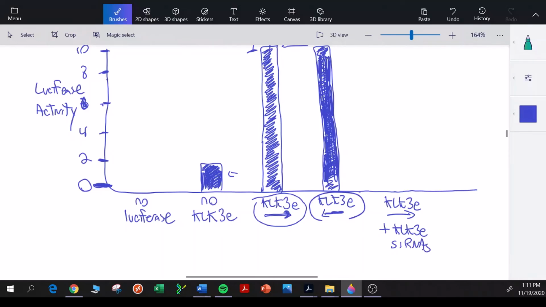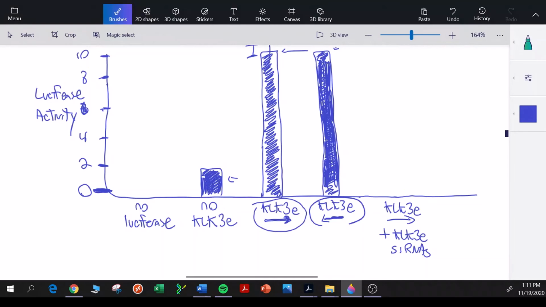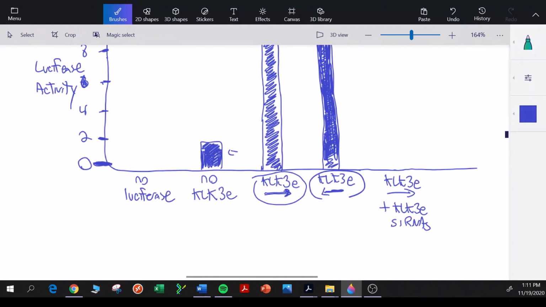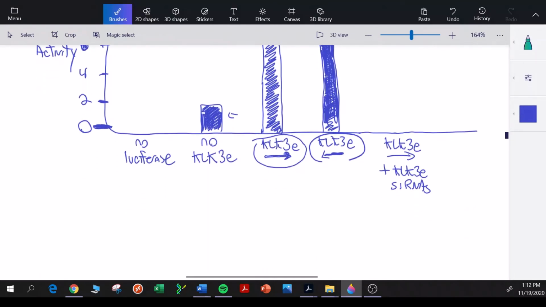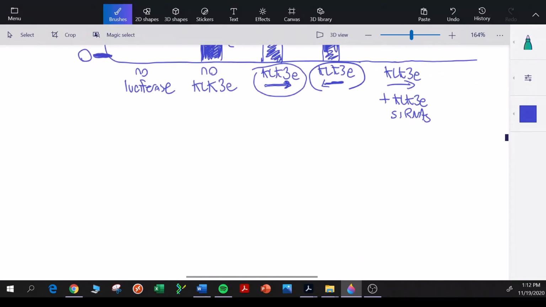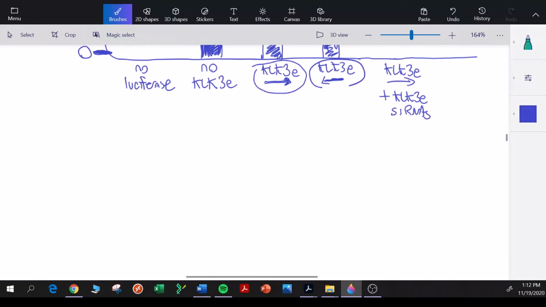siRNAs. And some of you might remember from 219 genetics what siRNAs do. We're going to review those in an upcoming lecture. But for now, just know that eukaryotic cells have a mechanism called RNAi, for RNA interference.